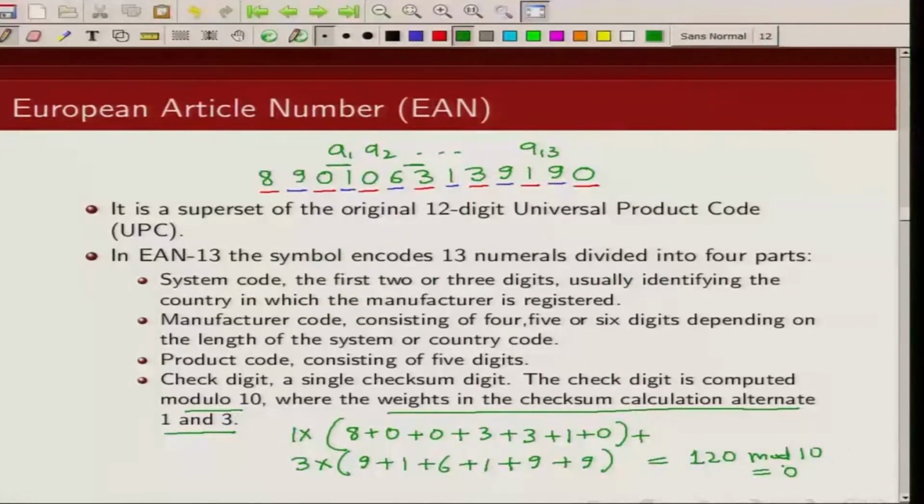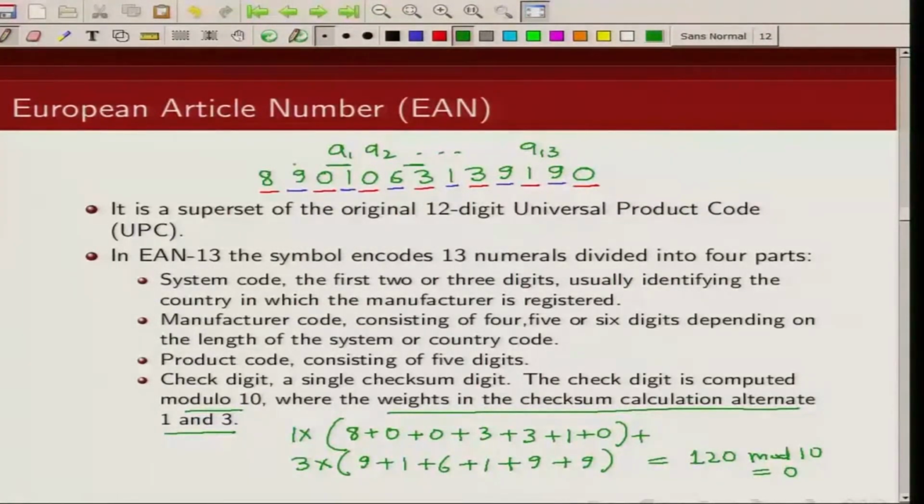So you can see from the examples that we have done so far, the last bit in all of these is our check bit, which can be used for error detection. Now this code can also easily find transposition errors.